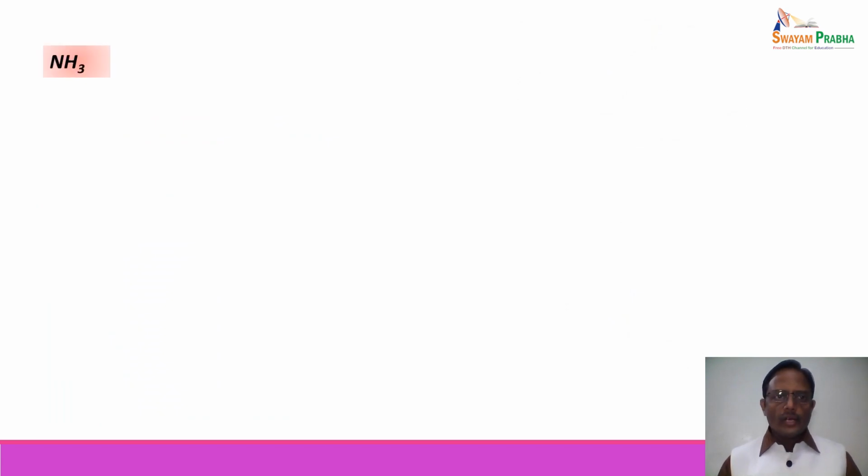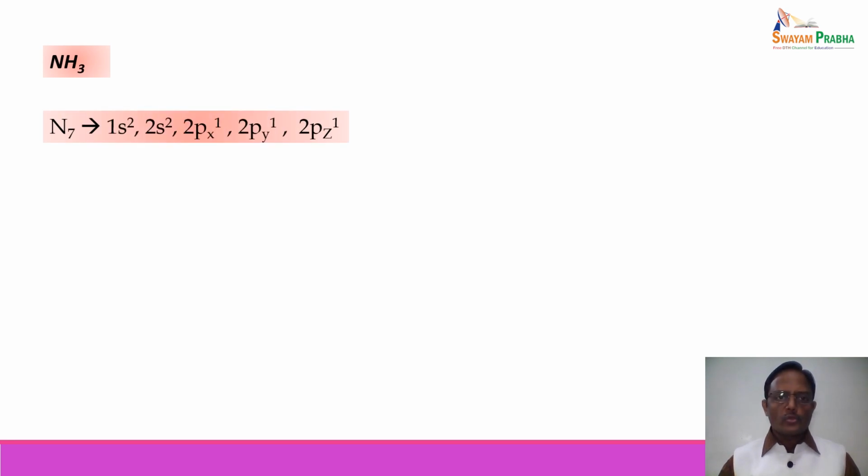Let us see one more example of sp3 hybridization, which is NH3 molecule. In case of NH3, the central atom is nitrogen with electronic configuration 1s2, 2s2, 2px1, 2py1, 2pz1. It is already trivalent in nature, so we need not cause any excitation to show the desired covalency because it has to form only 3 bonds and already there are 3 unpaired electrons.